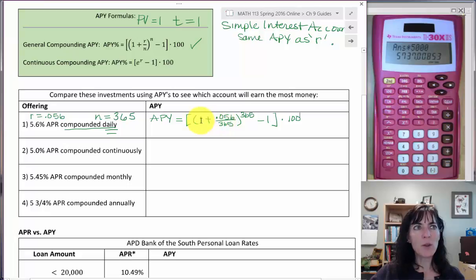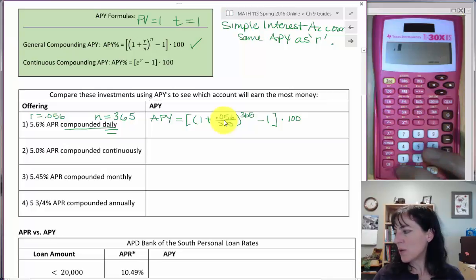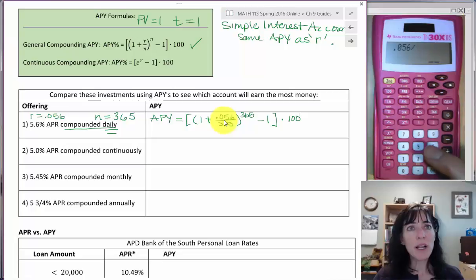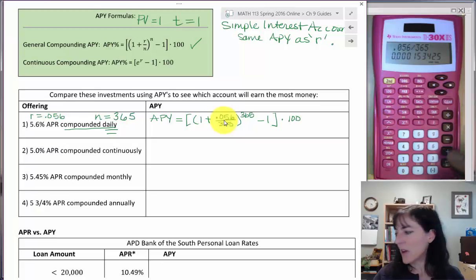Then I'll add the 1, and then I'll take it to the power of 365, and then I'll subtract the 1, and then finally multiply by 100. So starting here, I have 0.056 divided by 365. I'm going to do an equals, and I get that value plus 1 equals.